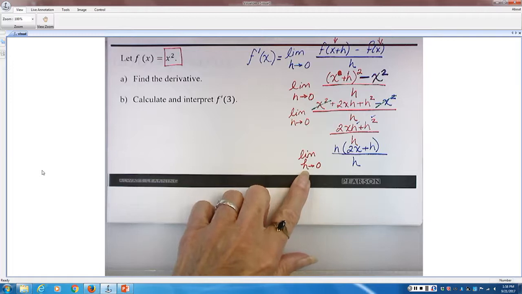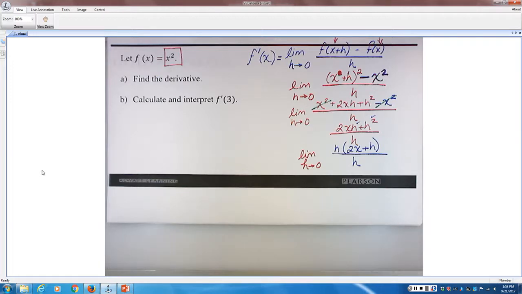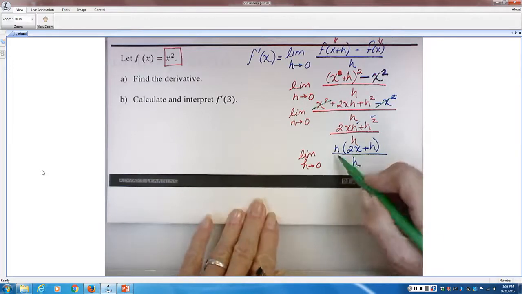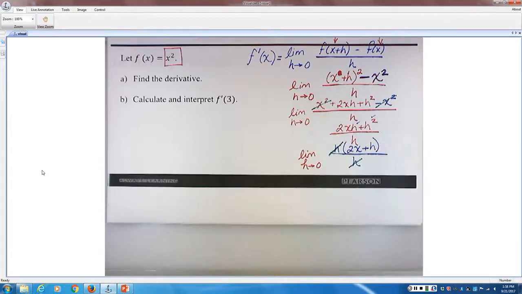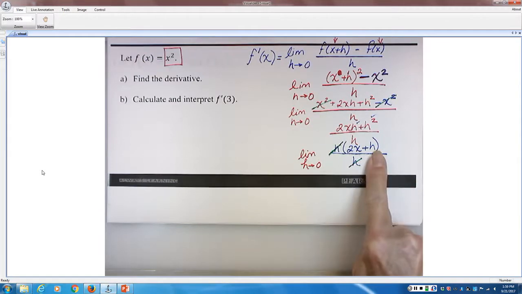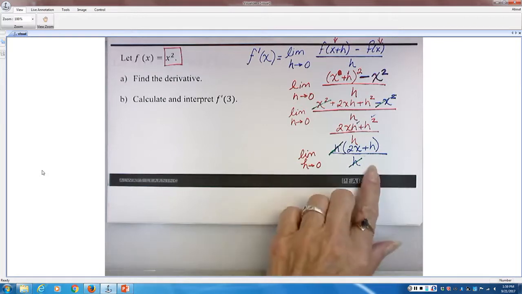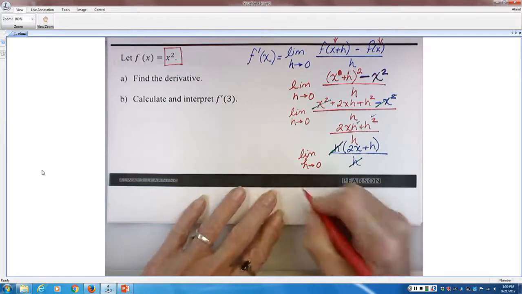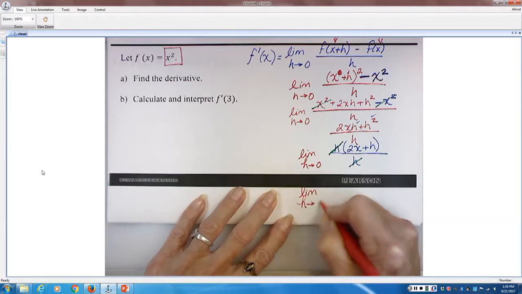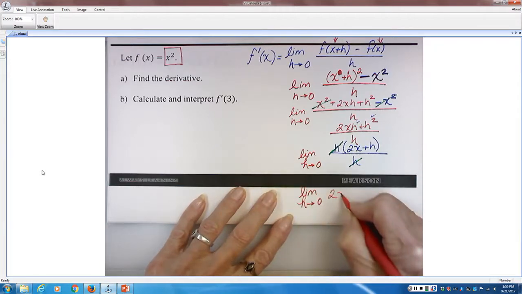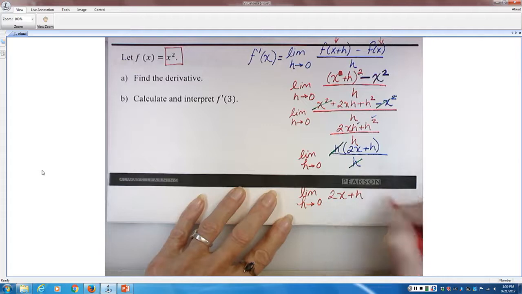Okay? So at this point, what happens to the h's? Well, the h in the bottom cancels out the h in the top. Now, granted, we still have an h left, but this is a much simpler question because now what we're being asked is what is the limit as h approaches 0 of 2x plus h?